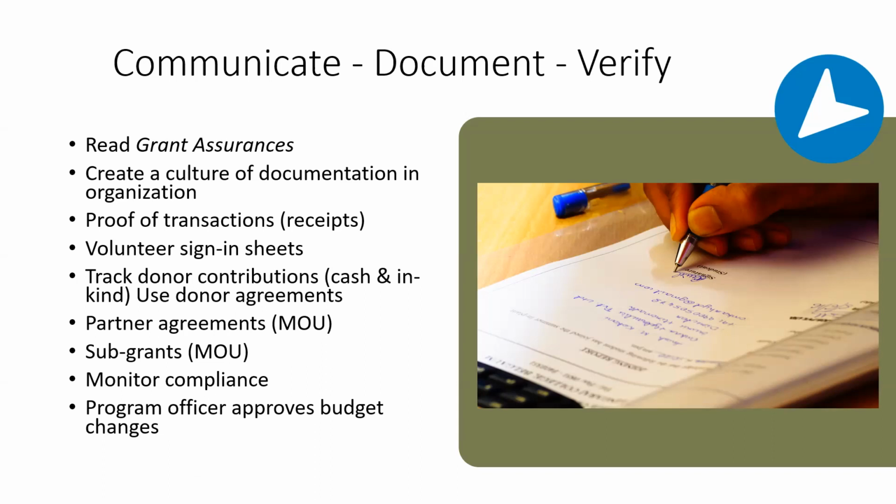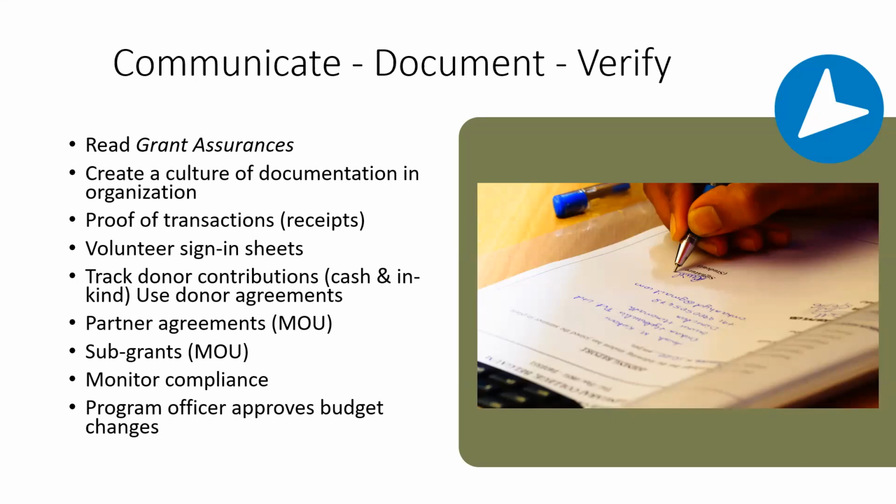If you have partners on a grant, you want to get memorandums of understanding with those partners so that they know what their role is and what they're asked to do. If you're giving sub-grants, some grants you say, we're going to give out sub-grants to other entities for providing certain services to this project.